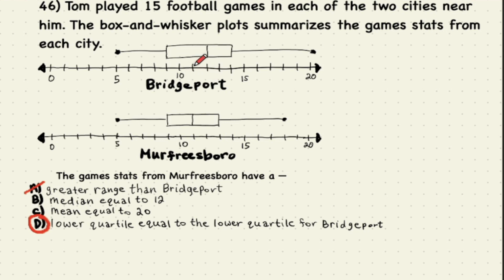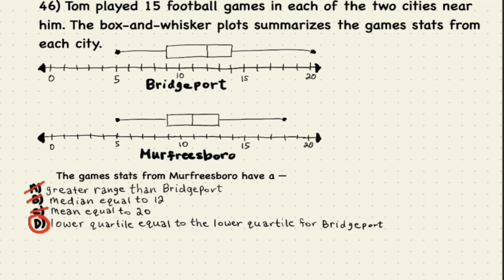Let's see. So we can see that that's incorrect as well because we have median that's equal to 12 here, but not here, right? And then mean equal to 20, which we're not able to determine from the set of data points that's listed here in the box and whisker plots. So answer choice D is the correct answer as stated.